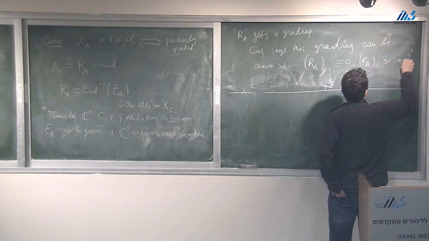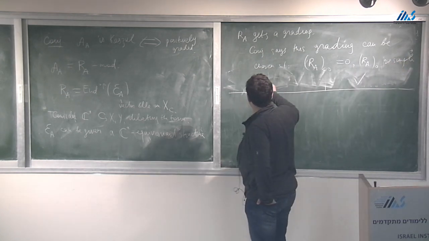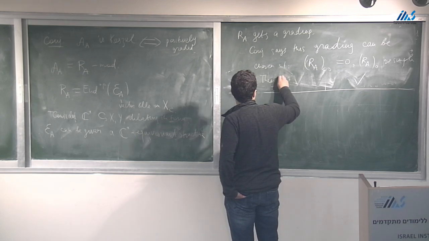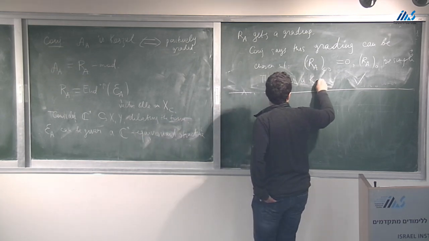And then by an easy argument that I learned from Kaledin, R_A is automatically a Koszul quadratic algebra.